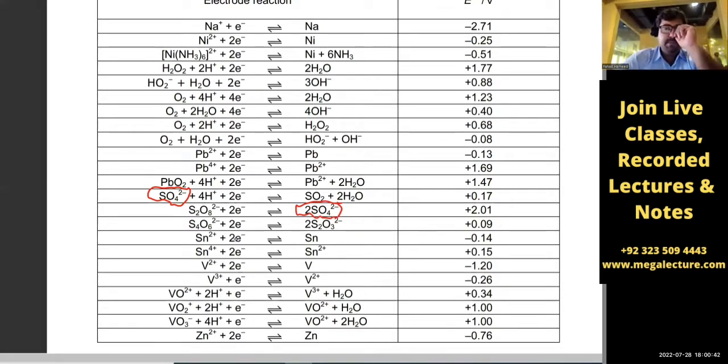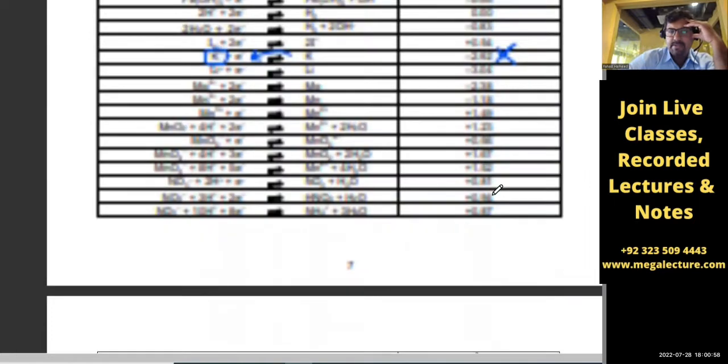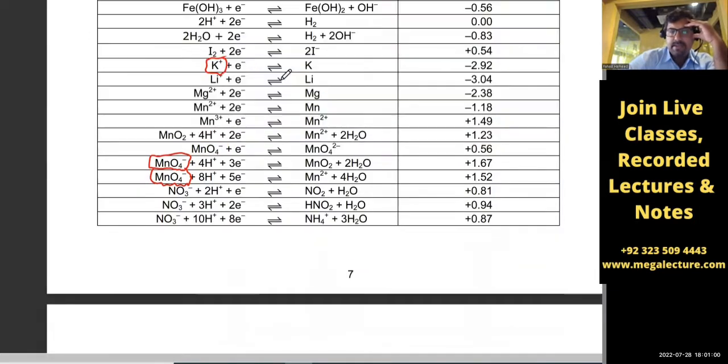Remember, it's supposed to be a reactant that loses or gains electrons. So who gains electrons? The one that has the highest potential. Right now, the highest one is 2.01. Compare it with everyone else, 0.17, and even with the previous ones, 1.67 and 1.52.